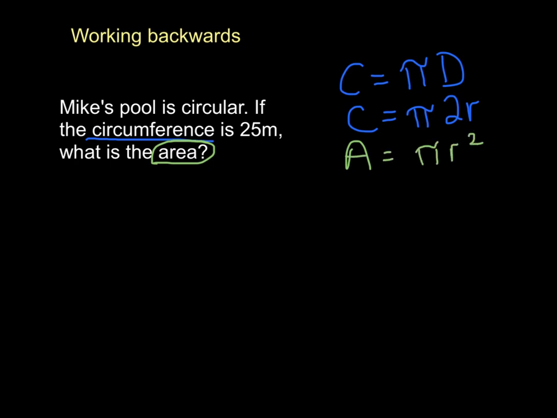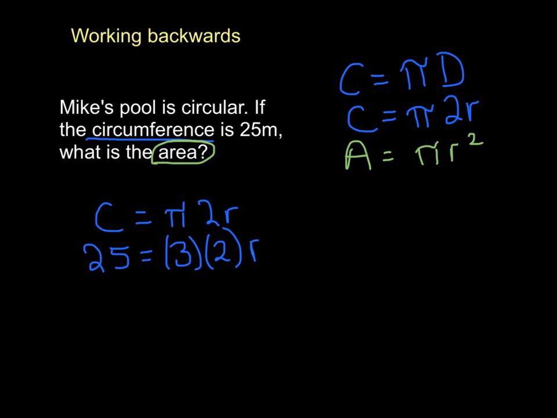So let's see what we need. We're given the circumference, so let's fill in what we know for our circumference formula. C equals pi 2r. If C is going to be 25 meters, we can say 25 equals pi, which we know is 3, times 2 times r.